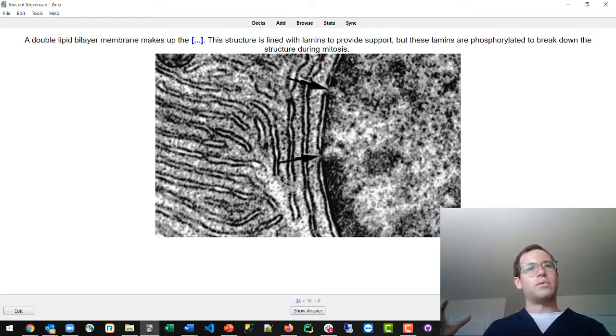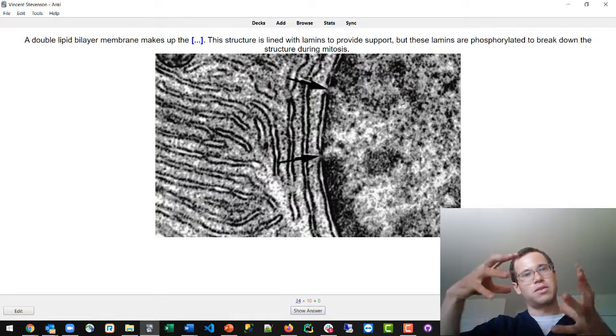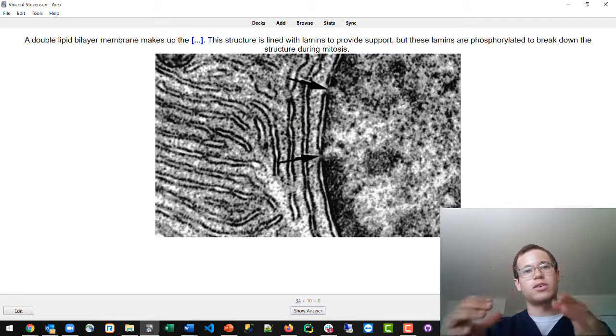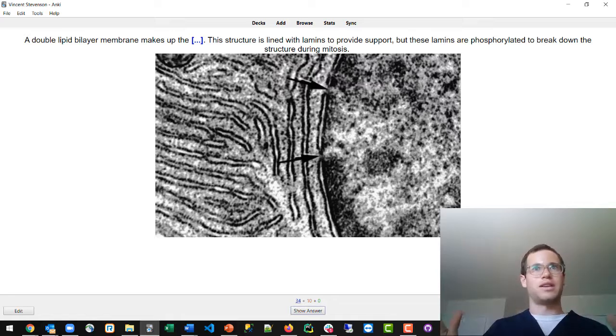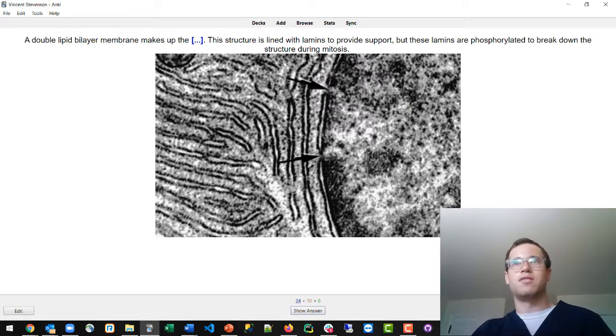And then when we zoom in on our nucleus, we're going to make note of a double lipid bilayer membrane, which is referred to as your nuclear envelope. Your nuclear envelope differentiates your nucleus from everything else inside that cell. It's the barrier between the cytoplasm and the actual DNA and the nucleolus, and it's a very important structure.